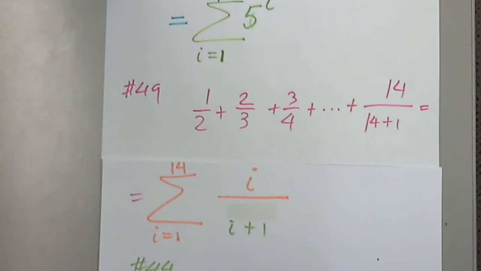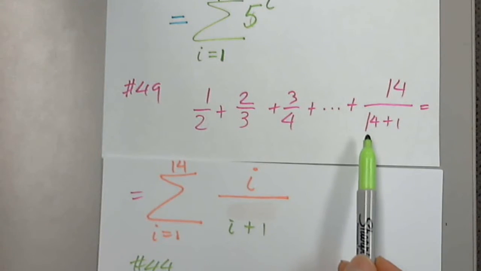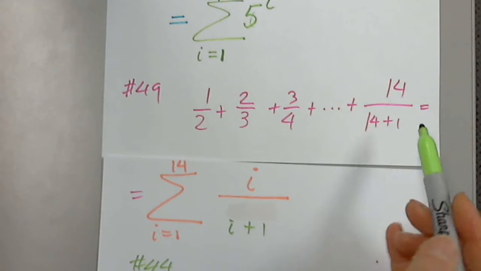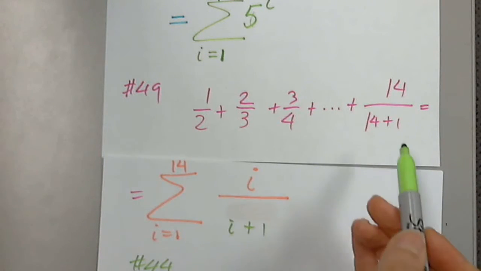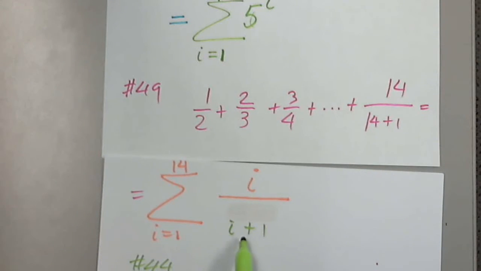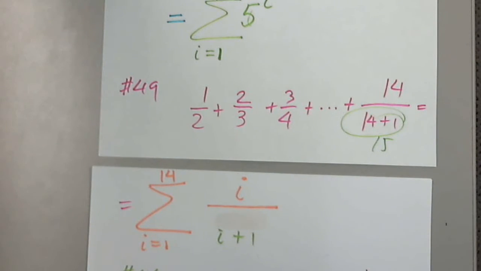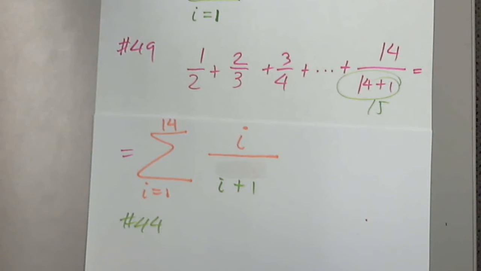So the 14 plus 1, you can write 15, but they wrote it like this to help us come up with this. If they had written 15, it would have been slightly more difficult to come up with i plus 1. Technically that would be 15. It's just written that way to show us what to do, just making it easier.